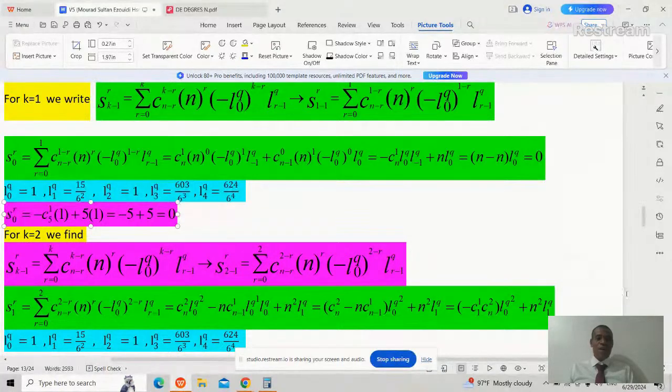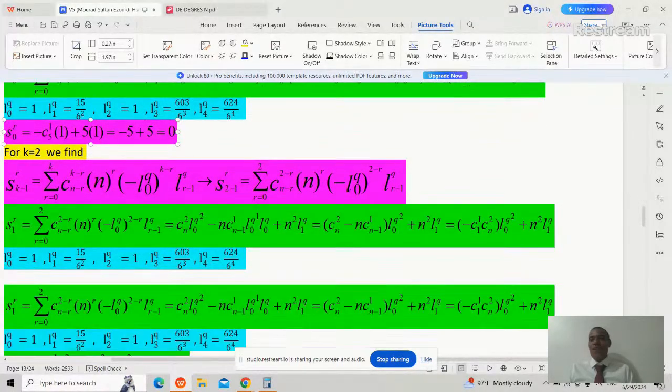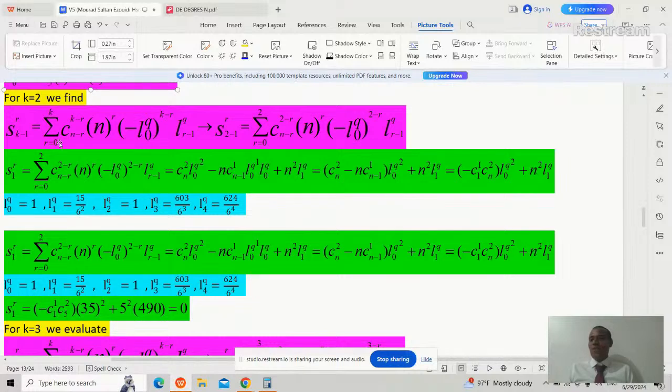Now to find the value of S2, learners, you just put K equal 2 in the discriminant formula of Mourad Sultan Ezouidi. You will get, this is the formula, of course.